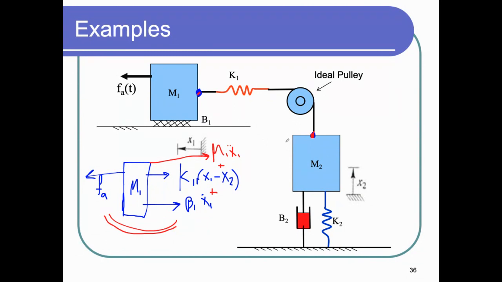Okay, so again, you check the forces that are directly affecting M1. Now, if there is a force that is affecting M2 and it's also affecting M1, it will appear somehow. Remember, this force K1 (x1 minus x2) is actually a function of both displacements x2 and x1, and the displacement of x2 is the displacement of m2. So m2 will appear instantly. And remember, this is just the free body diagram for the first mass m1.